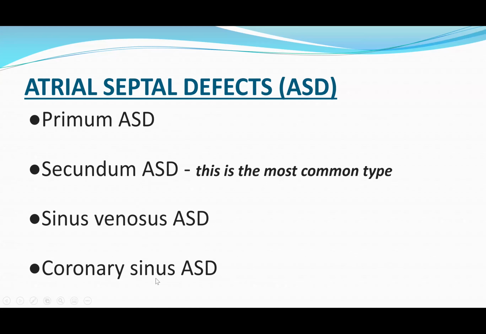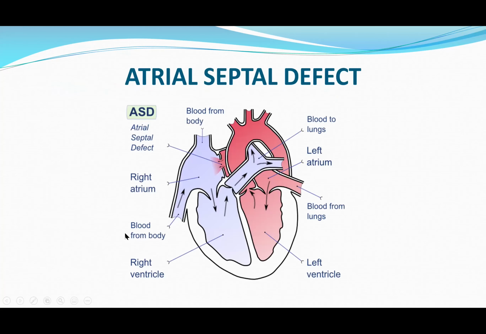The secundum is the most common type, about 60 to 75% of patients who have this. And that is, there's a deficiency in the septum, the central part. Because left atrial pressure exceeds the right atrial pressure, blood will shunt from left to right. Therefore, it leads to right atrial and right ventricular volume overload.